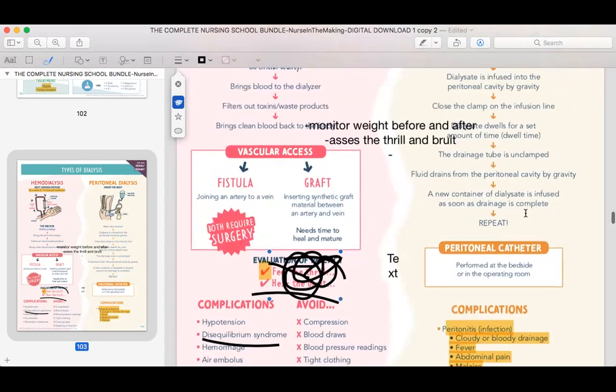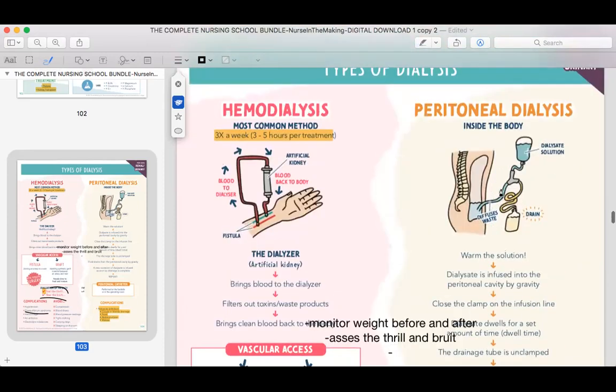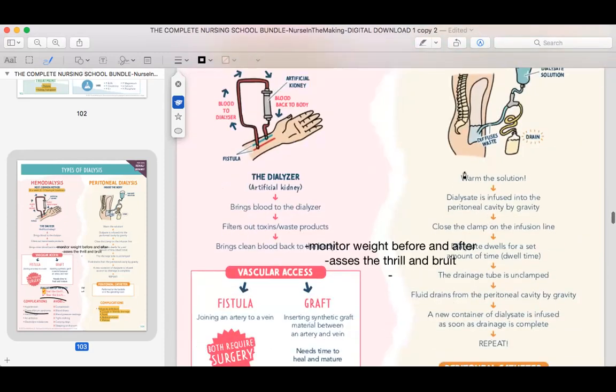Peritoneal dialysis for ATI, you would have to know that it goes in like this, right here. You have to warm the solution. I'm trying to figure out if it's body temperature or room temperature.